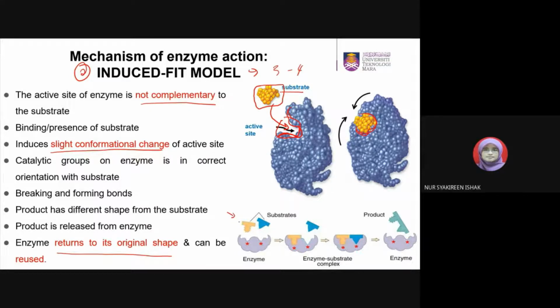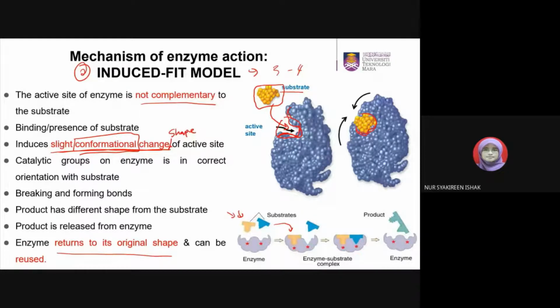I added this diagram. Initially for induced fit, the shape of the substrate does not exactly complement the shape of the active site, but as the substrate binds to the active site, it causes a slight change in the shape of the active site. If you find it difficult to write conformational change, you can just write a slight change in the shape.